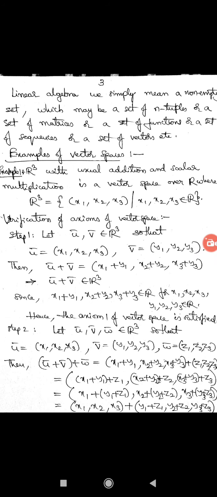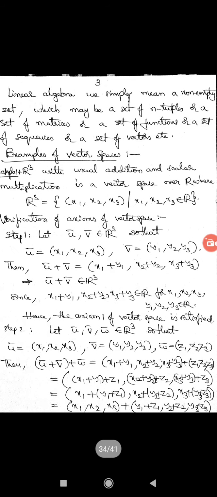Now by the definition of addition of two vectors in R3, I can split this into the sum of two vectors, which are x1 comma x2 comma x3 plus y1 plus z1 comma y2 plus z2 comma y3 plus z3.